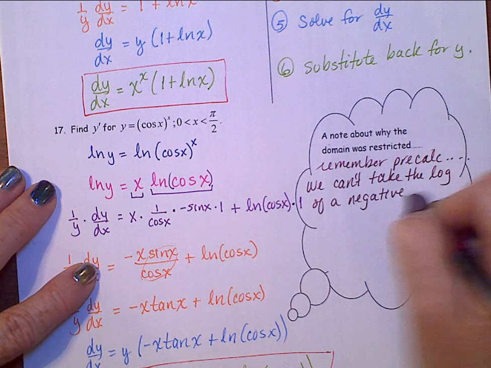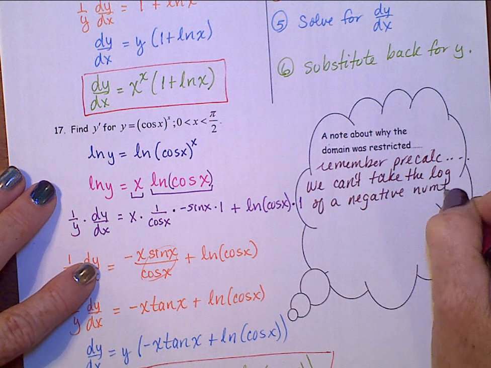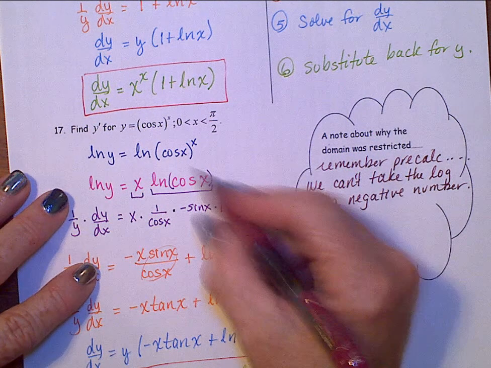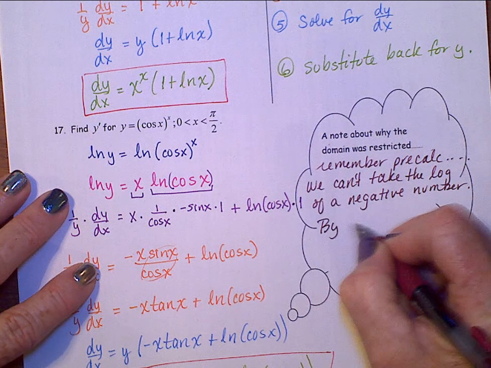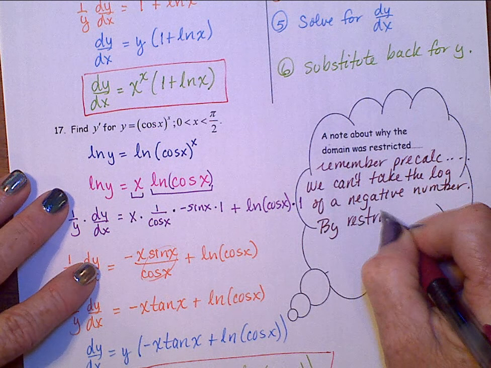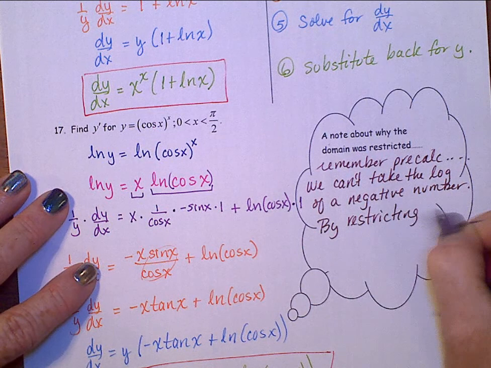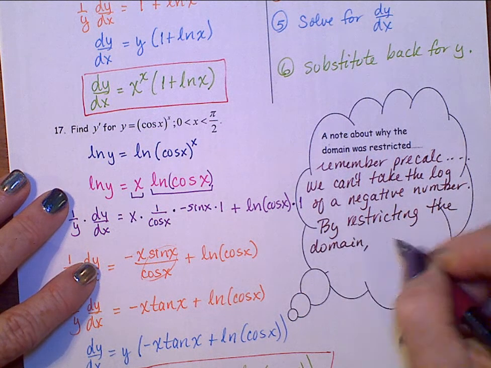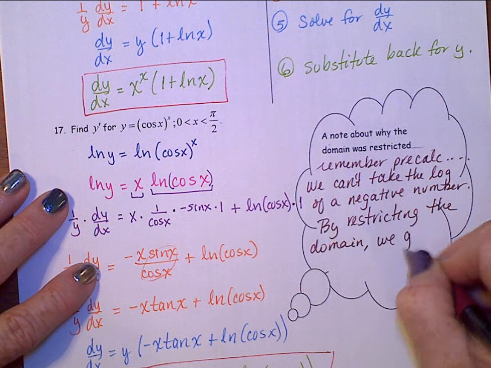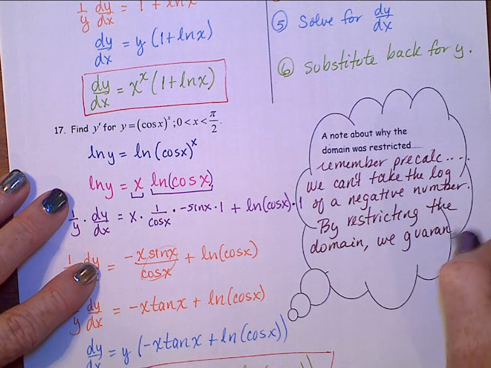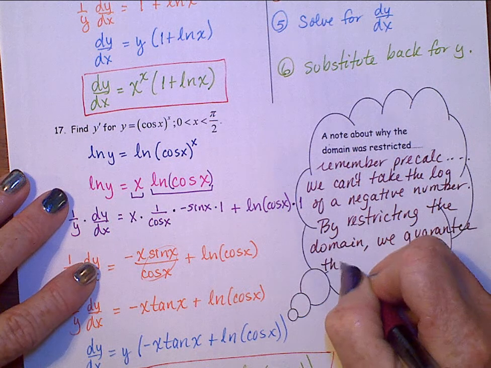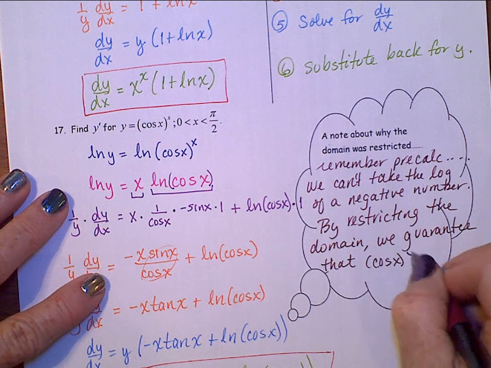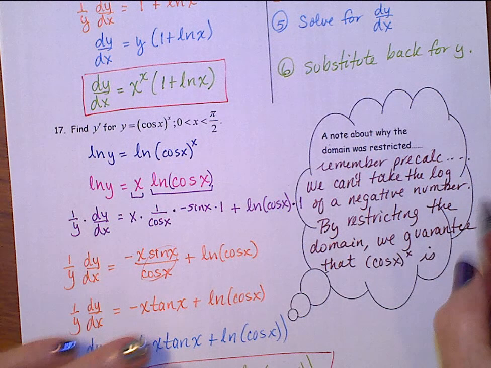Okay, by restricting the domain here, we guarantee that cosine x to the x is a positive number.